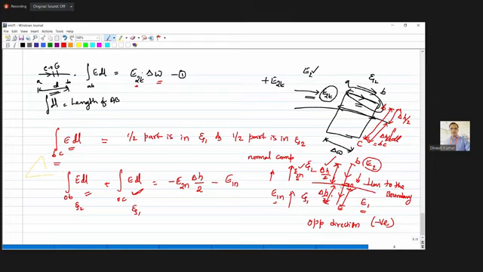And the length of OC is the half part, that is delta H by 2. So this is our equation 1, that is minus E2n delta H by 2 minus E1n delta H by 2.